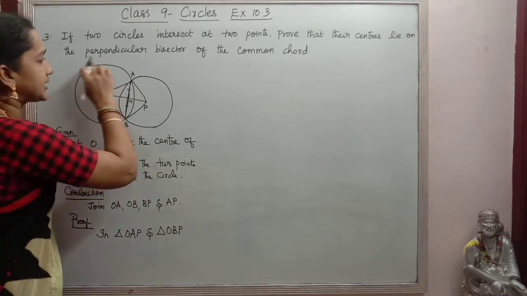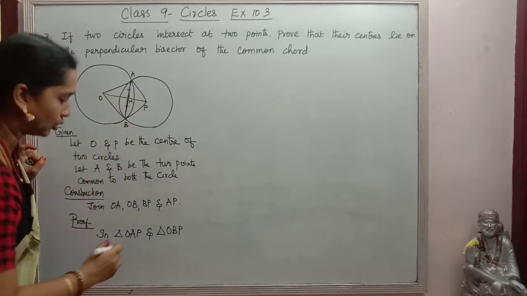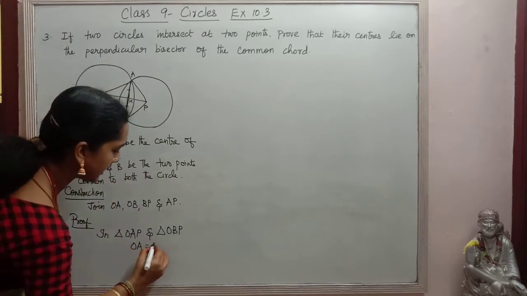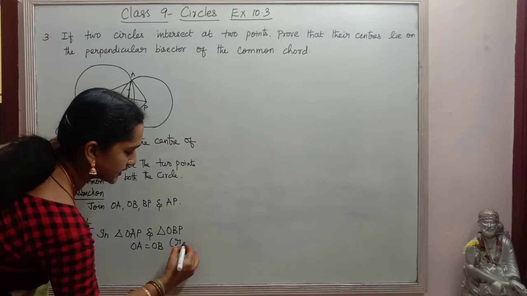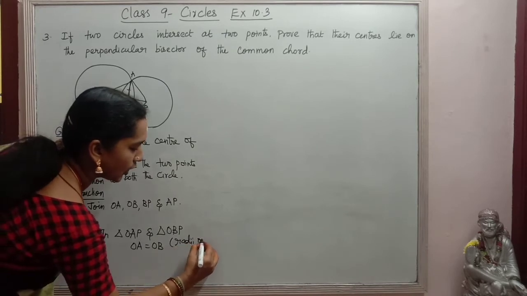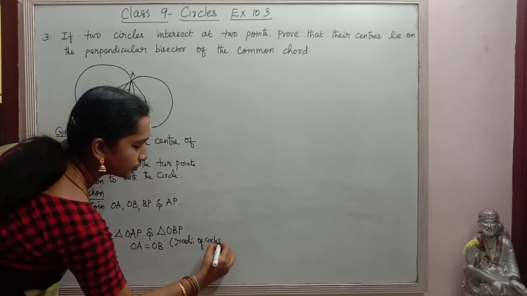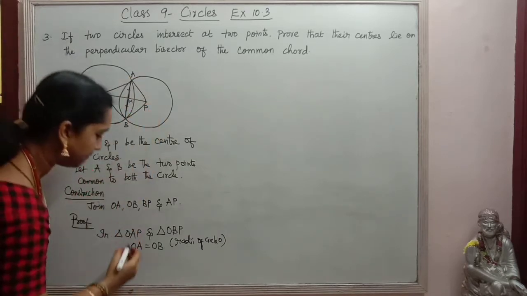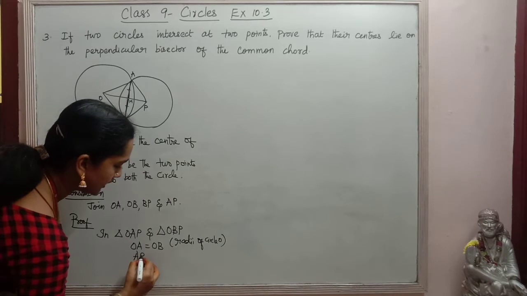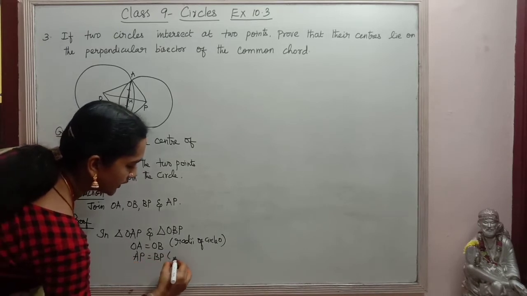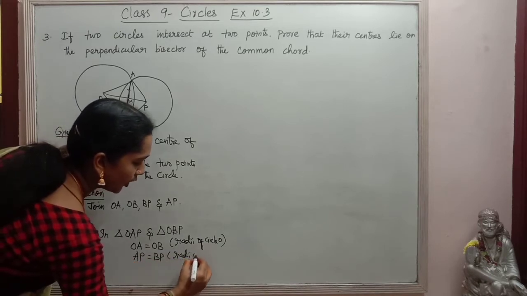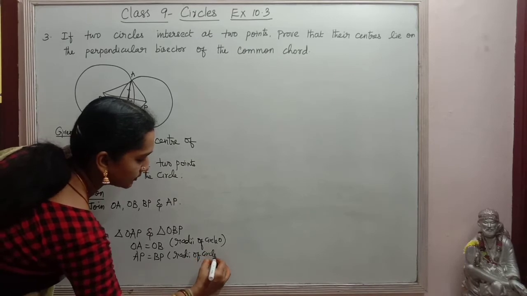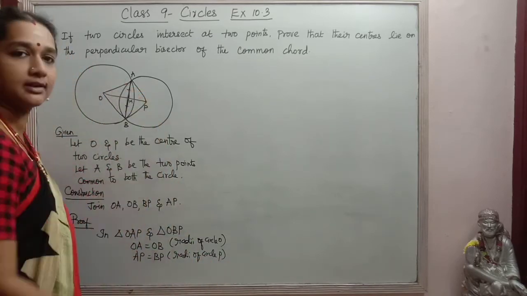That is the radius of the circle with center O. These are the radii of circle O. Then AP is equal to BP, radii of circle P.